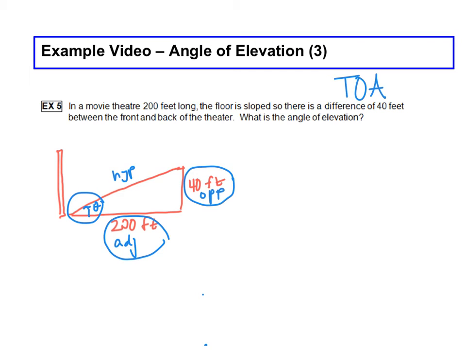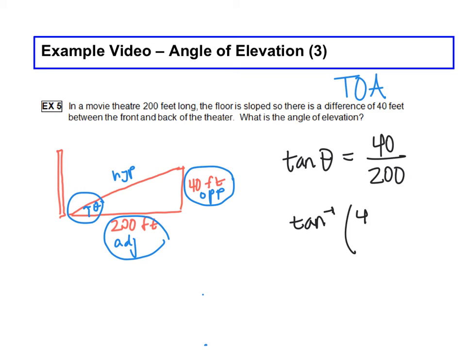So we're just going to do tangent of theta is equal to the opposite side, which is 40, over the adjacent side, 200. All right, so here's one of these again where if you're trying to find the angle, you have to bring in the inverse. So we're going to do the inverse tan, that's a -1, of 40 over 200.